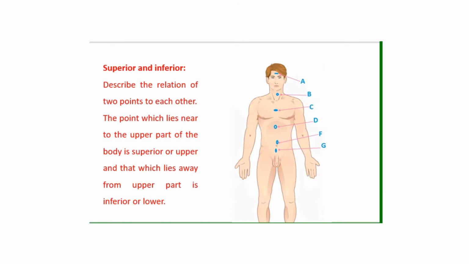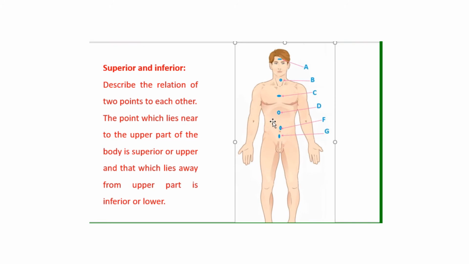It is a proportional structure. Superior and inferior also describe the relation of two points to each other. The point of them which is nearer to the upper end of the body in the anatomical position.